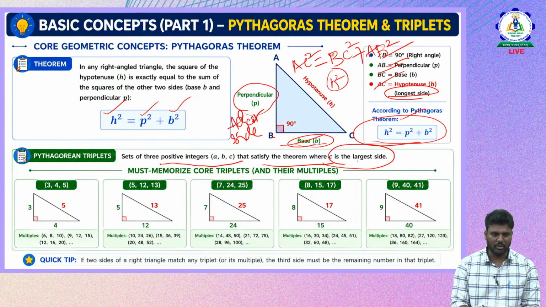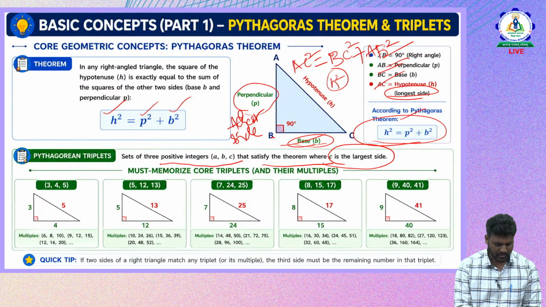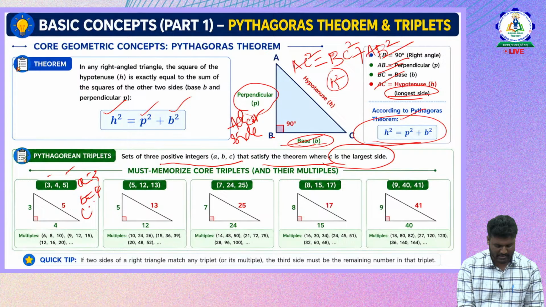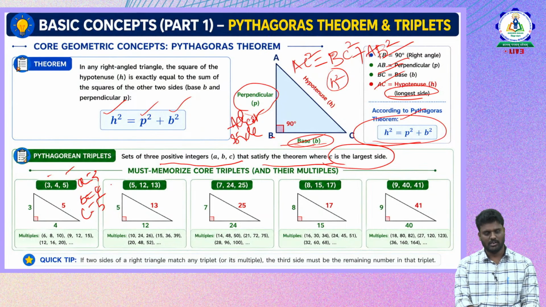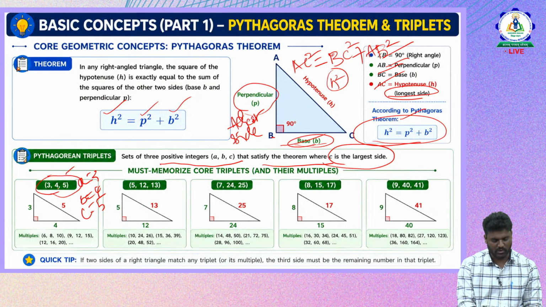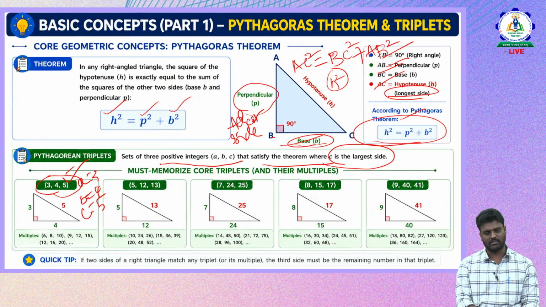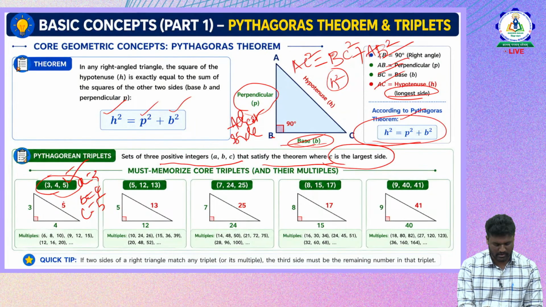For example, let us take the triplet 3, 4, 5. Let A equal 3, B equal 4, and C equal 5. In the given positive integers, what is the highest positive integer here? 5 is the highest positive integer. Therefore we say that this is the hypotenuse.